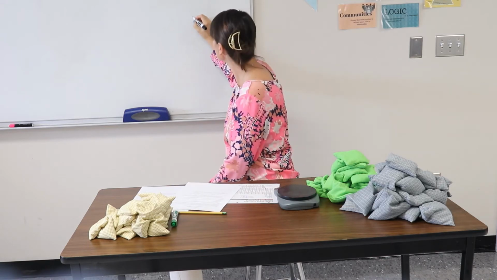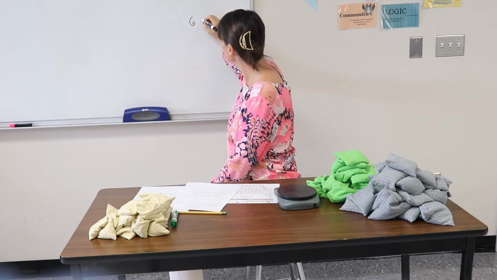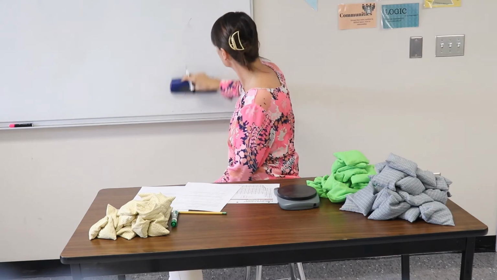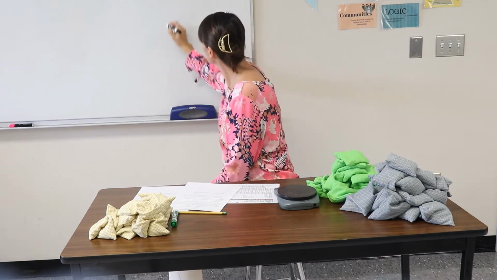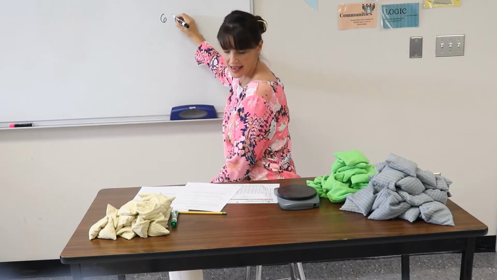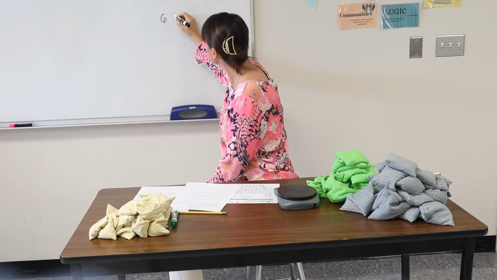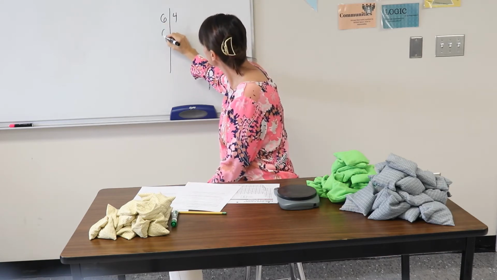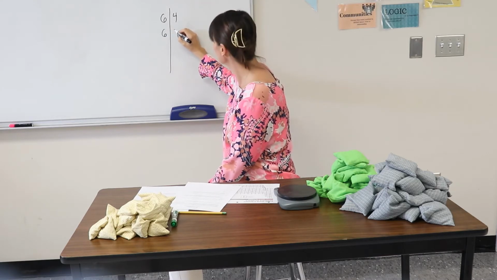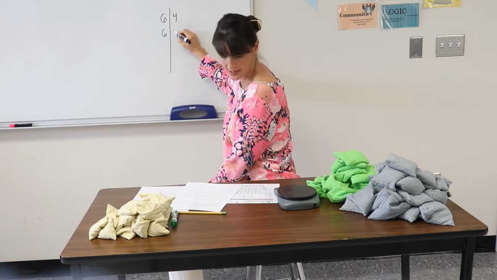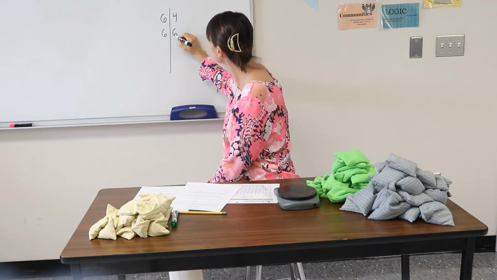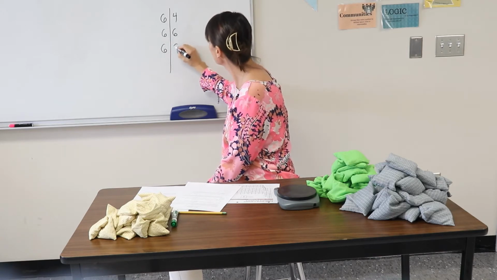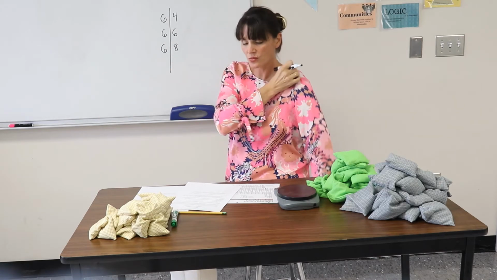We have 60, and then we would have 64. We don't have any 65s, I guess. We have 66 and 68. And then we would just write out the numbers.